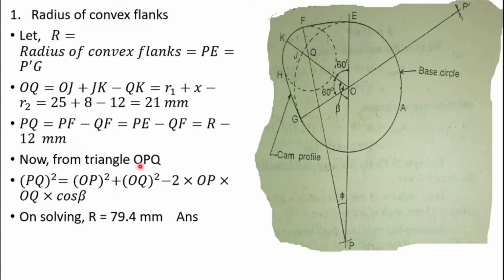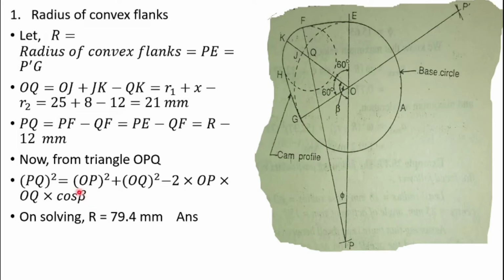Now from the geometry, see triangle OPQ. Let beta be the angle subtended at O, angle QOP. In triangle OQP, PQ square equals OQ square plus OP square minus 2 OP into OQ cos beta.